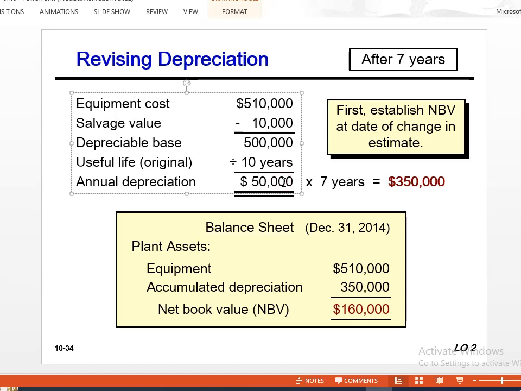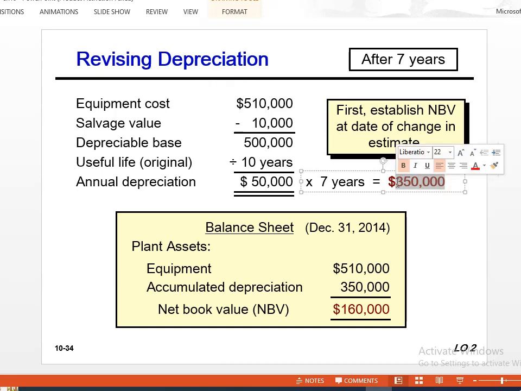We need accumulated depreciation, 7 years of depreciation together. So I multiply it by 7 and get my accumulated depreciation of $350,000. Now I can calculate the book value, right? So what is book value? Cost minus accumulated depreciation. Cost is 510,000, accumulated depreciation is 350,000, so the book value becomes 160,000.